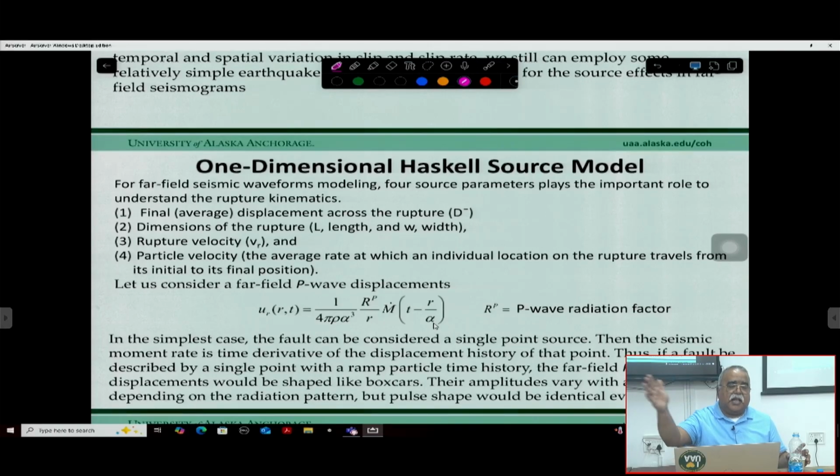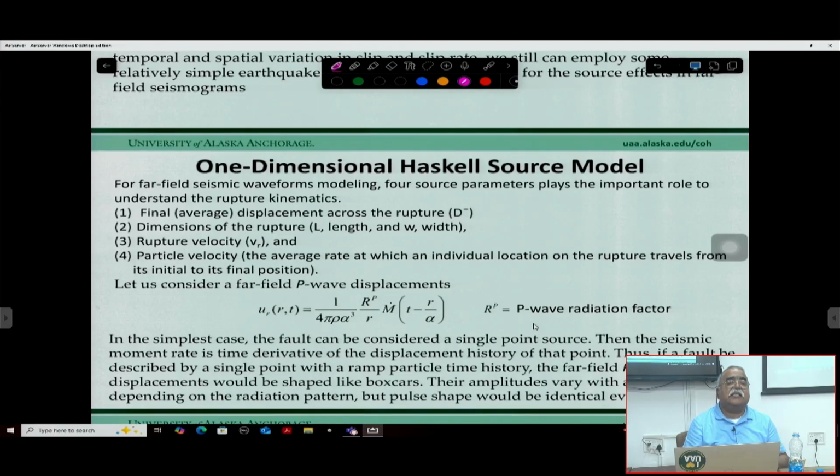Because it has been generated at the source. So t is the time where I see the displacement pulse, and therefore this is M dot at t minus R by alpha. Does it make sense? So R_p is the radiation factor.